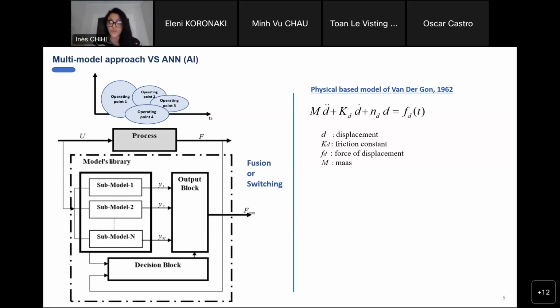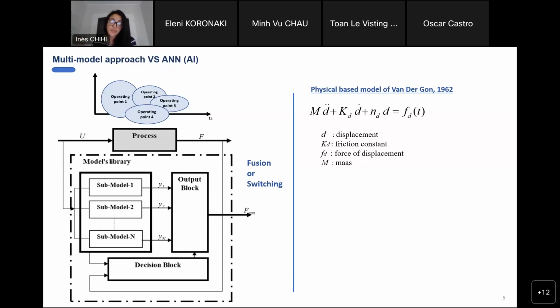If I choose the switching, I will have problems of stability, the switching problem. But if I propose the fusion, it will be better. But here I also have to know the adequate equation of a fusion, the best equation of a fusion, and it's not very simple. It depends on the model, on the equations, on the submodels, etc.